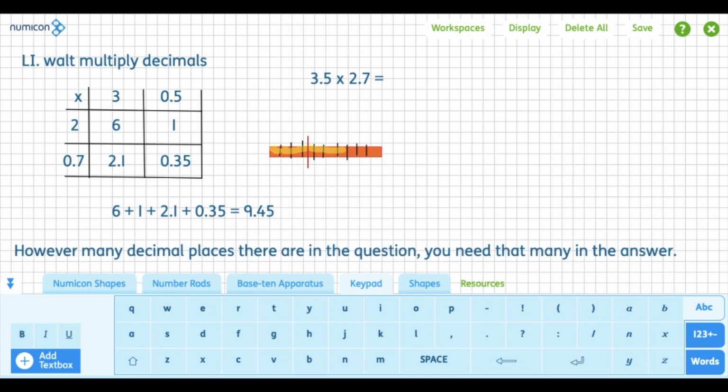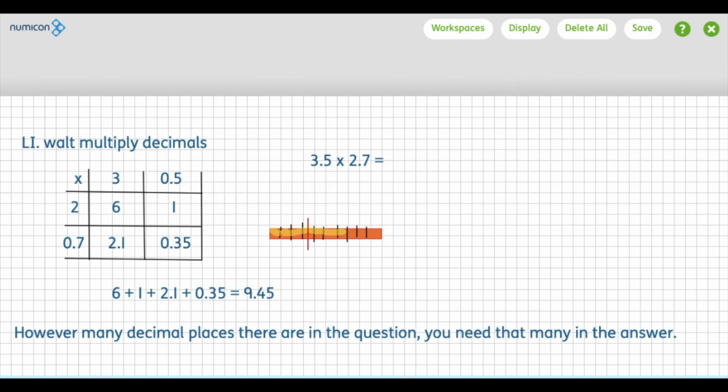And as I said, we've got this backwards world where when you multiply a decimal by another decimal with no whole numbers, you end up with a smaller decimal than both of the ones that you started with, which seems back to front, but actually does make sense when you think about it.